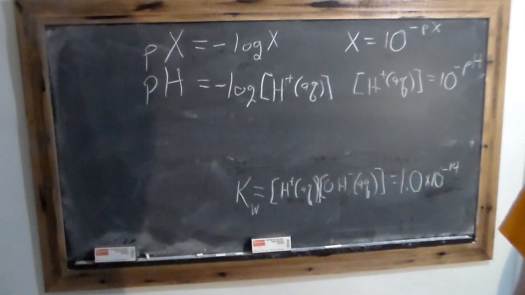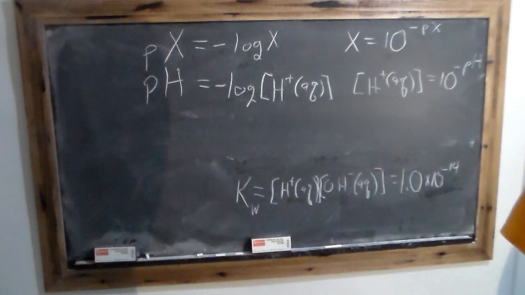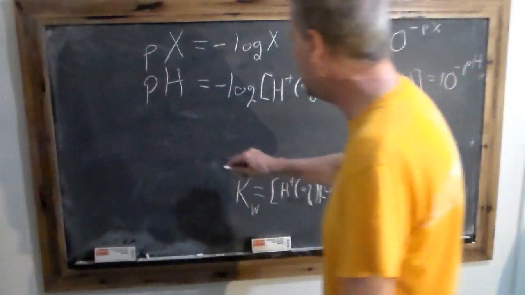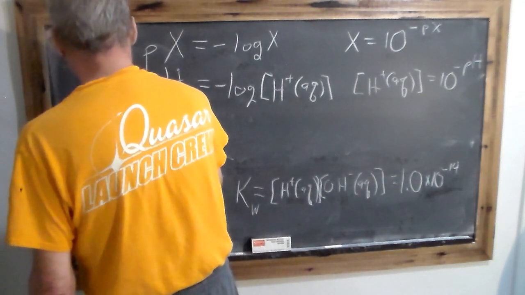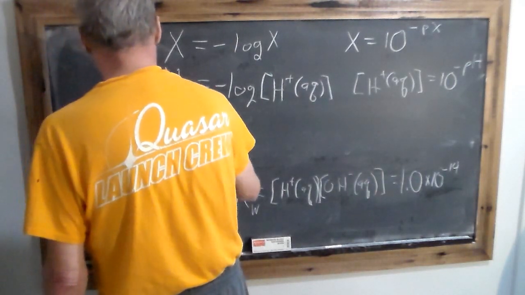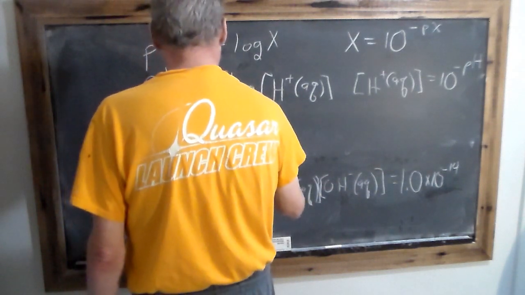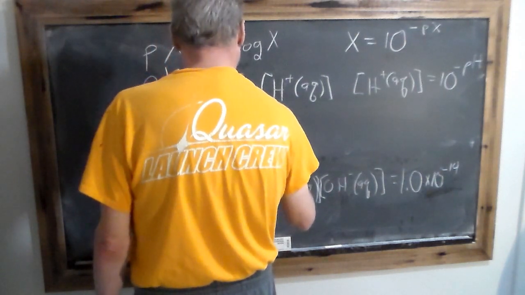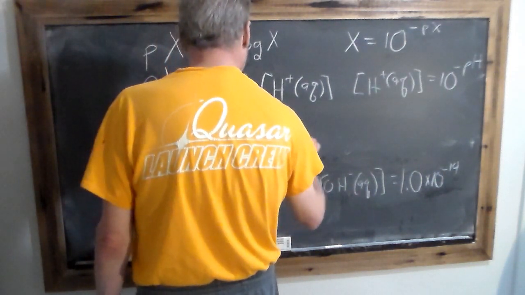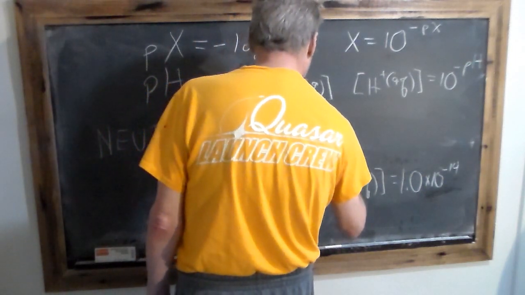In a truly neutral solution, and we allow for a little bit of fluctuation, but in a truly neutral solution, your hydronium ion concentration, so this is only true at neutral, is exactly the same as your hydroxide ion concentration.